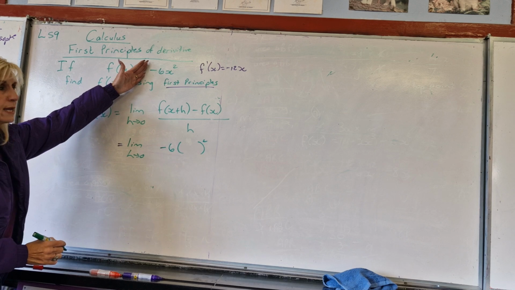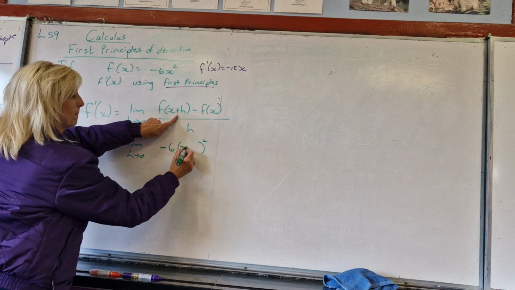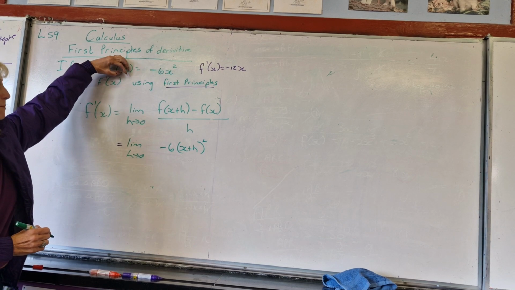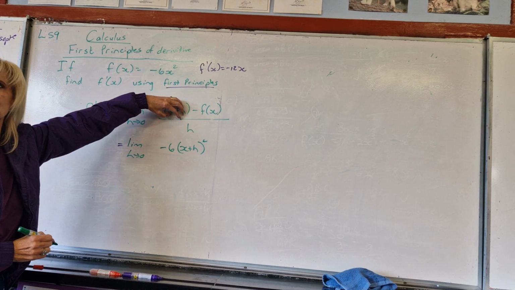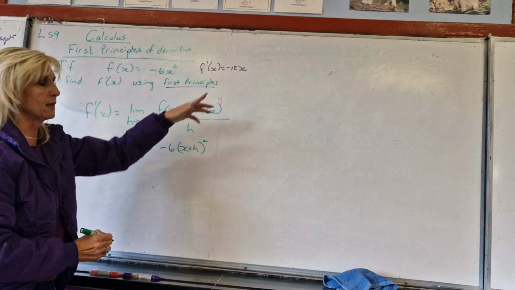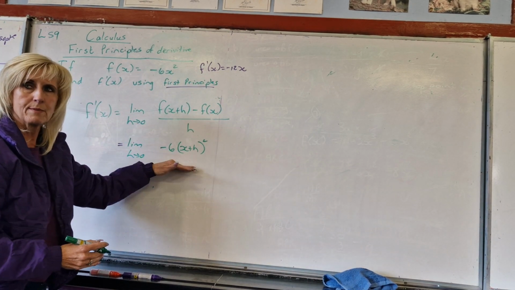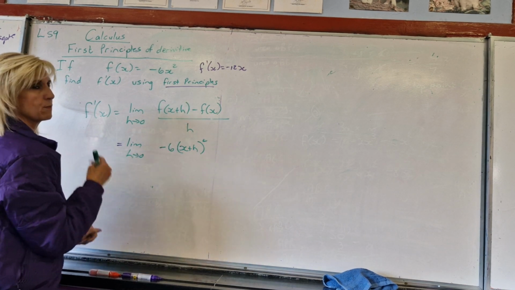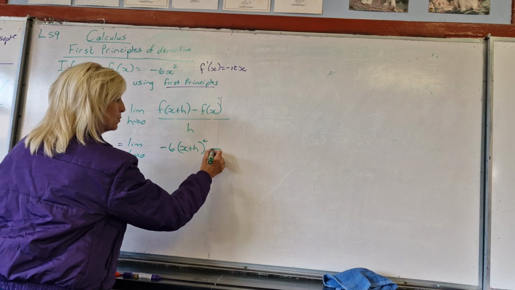But now x is not x anymore, x is now x plus h squared. That is function notation. Whatever's there in the bracket, that's what I substitute into my x. Whatever's there, every x has to be substituted with x plus h. Next one. So now I'm going to minus with what?